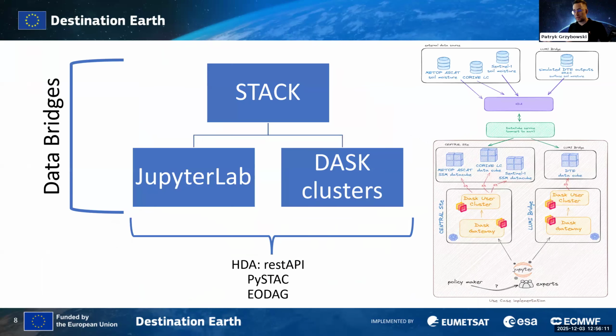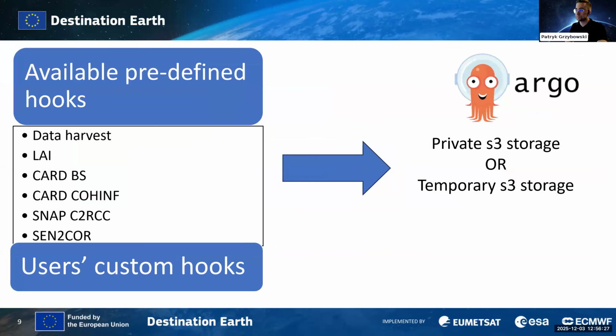Stack is about JupyterLab and about creating Dask clusters on different locations, in respect of what kind of data you are going to use in your analysis. And finally, Hook, which is about this function as a service, providing predefined processors.